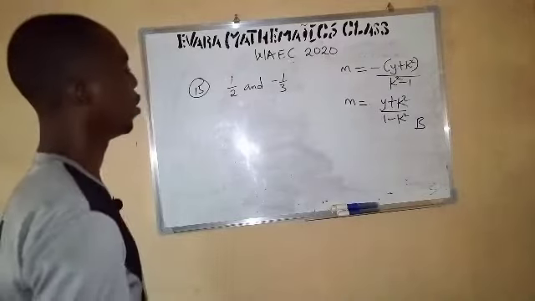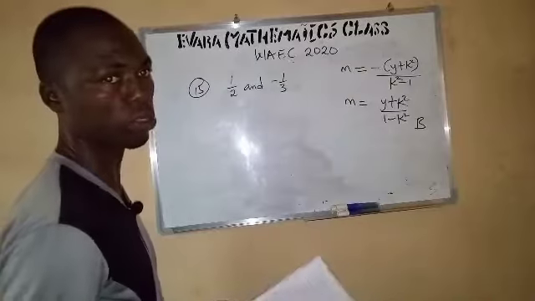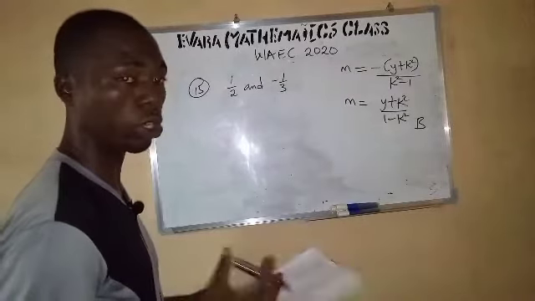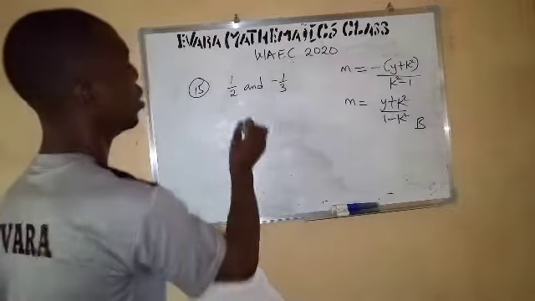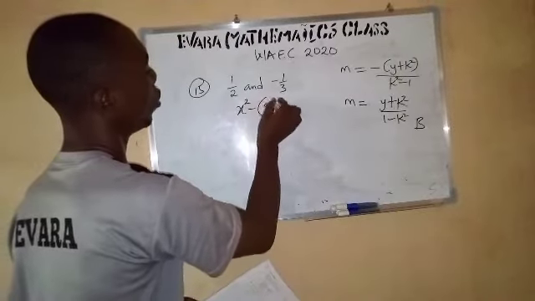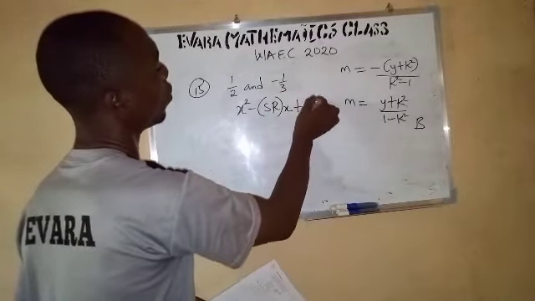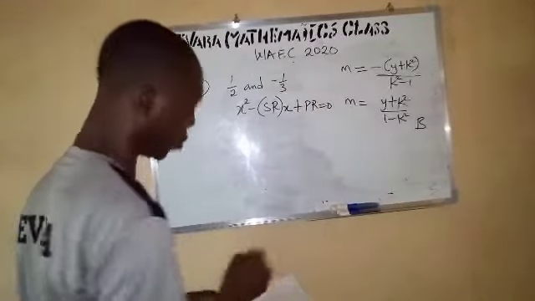There is a formula that makes it easier for us since it is a multiple choice question where it is only your answers that you want to see. We have x squared minus sum of roots multiplied by x plus product of roots is equal to 0.